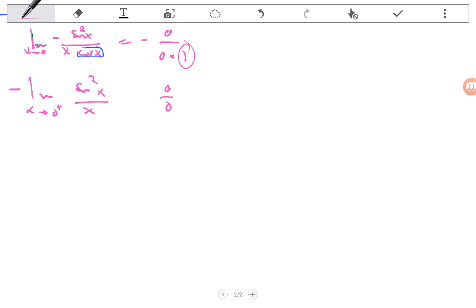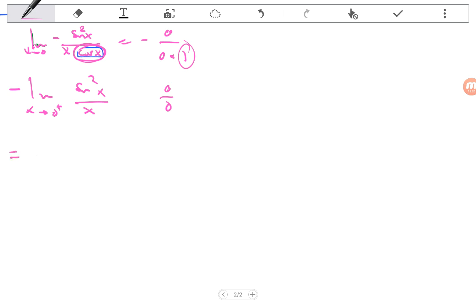And I can reapply L'Hopital's rule, because it is 0 over 0, it is an indeterminate quantity. And that's why it is better to get rid of this cosine, so that you make the expression of the function simpler, so that when you differentiate another time, it will be a simpler problem, not a complicated one.